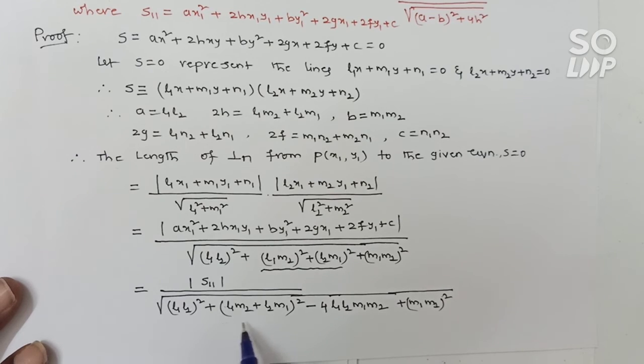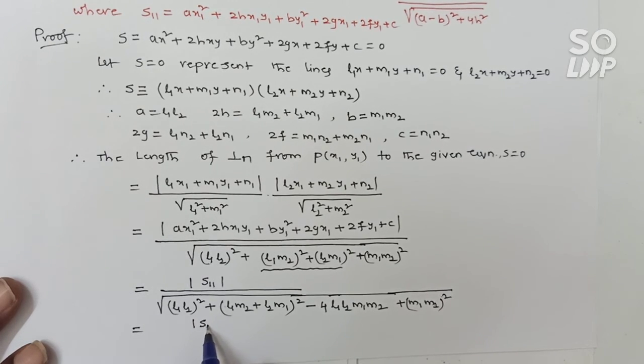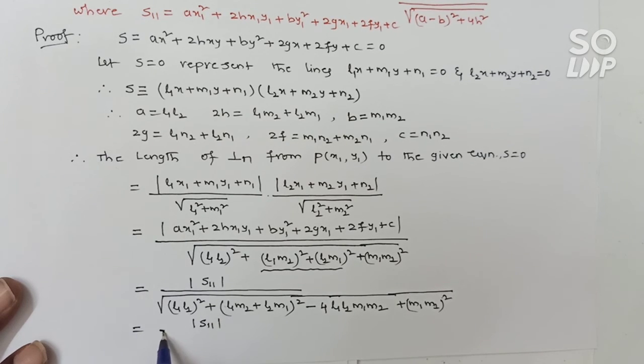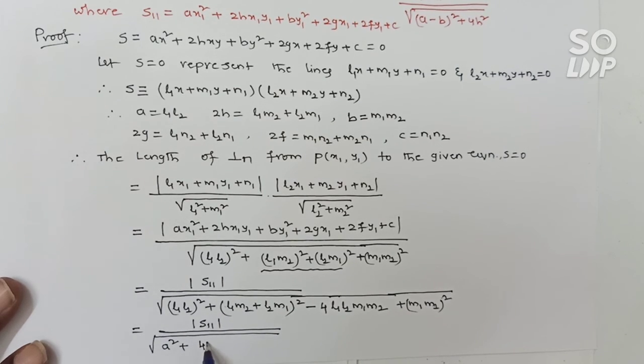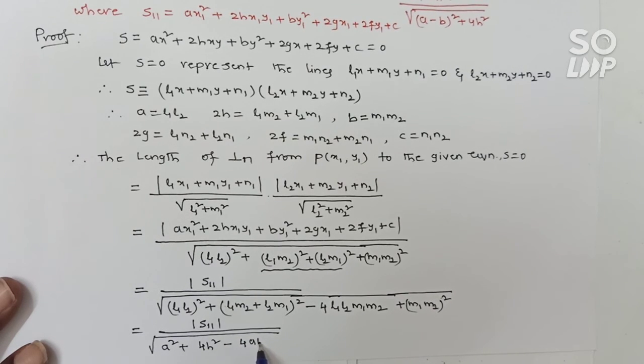Now here you substitute all these values. That is equal to modulus of S11 whole divided by root of a square + (2h) whole square, which is 4h square, minus 4ab, plus b square.